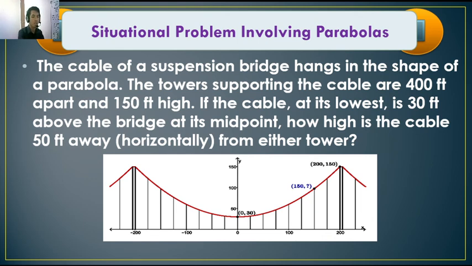So look at our illustration of the suspension bridge that hangs in the shape of a parabola. So here, that distance is equivalent to 400 feet, and we consider the center, or the vertex, of the parabola to be (0, 30).